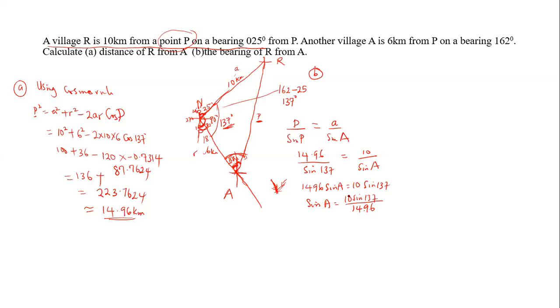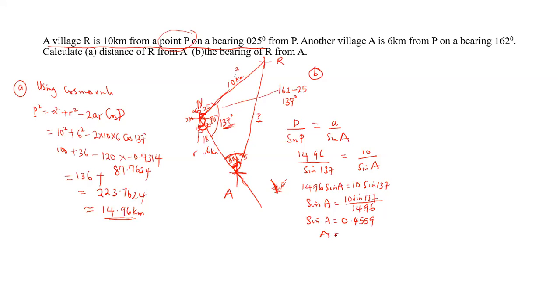10 multiplied by sine 137 divided by 14.96. So the answer is sine A equals 0.4559.